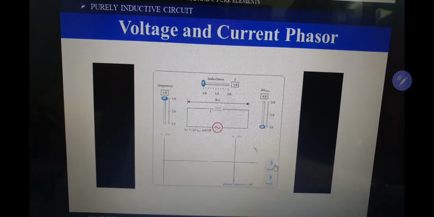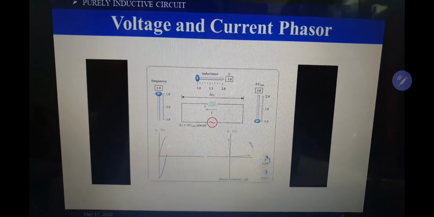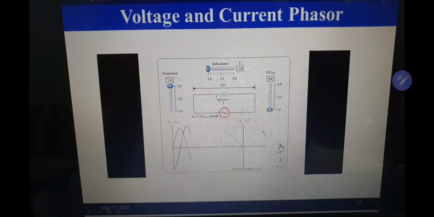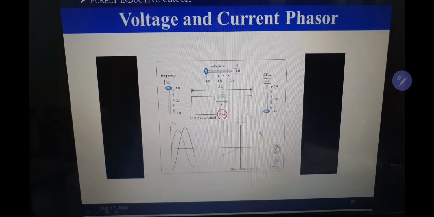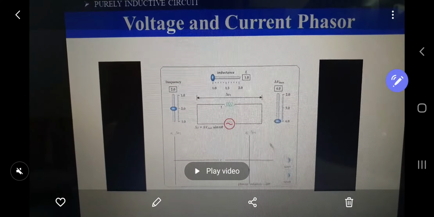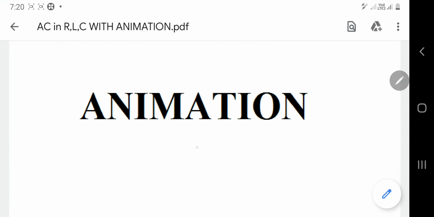I am just reducing the frequency so that it becomes clearer. It is becoming very slow. Here you can see the waveforms and the phasors. When the waveforms are being created, along with that the phasors are also rotating. So this is how we can represent it in the animation video. Let's move on.